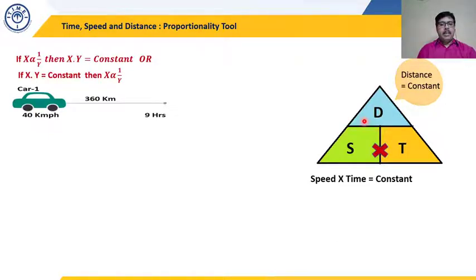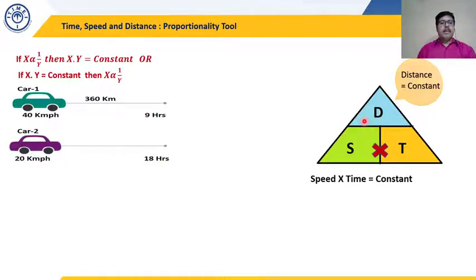Can I say the same distance will be covered by car number 2, whose speed is 20 km per hour, in 18 hours? You can see over here, if my speed is half, 40 to 20 is half, then the time taken is double. Can I say this is in inverse proportion? 40 into half is 20. So 9 into double is 18.